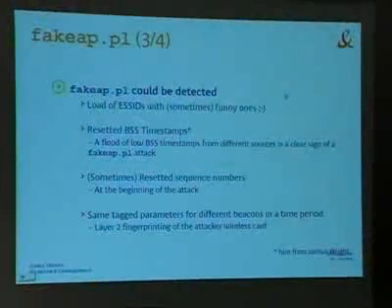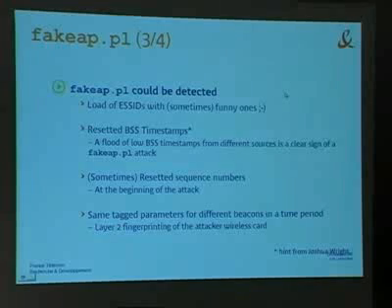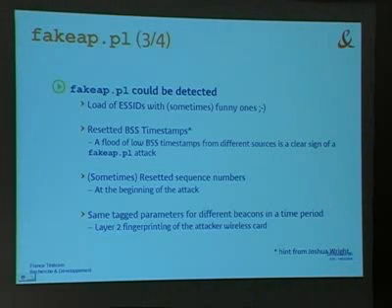At the beginning of the attack, the sequence number should be set to 0 in some frameworks, so it could also be interesting, but not as interesting as reset BSS timestamps. And of course, the last one could be very interesting because you have the same capabilities of the wireless card, because this is a unique wireless card that is sending beacons or probe responses.